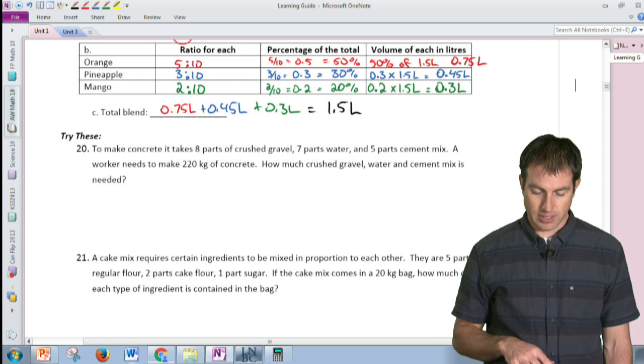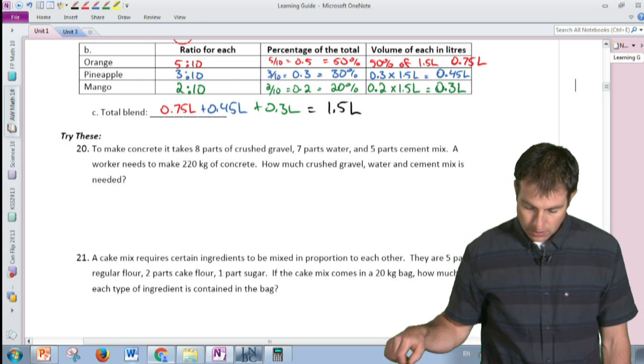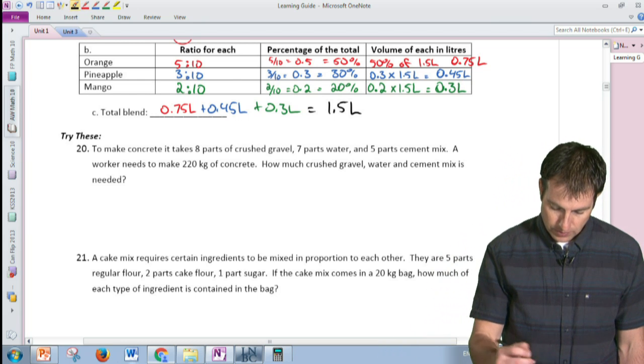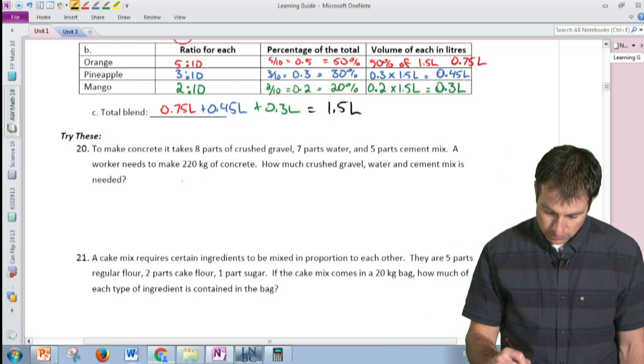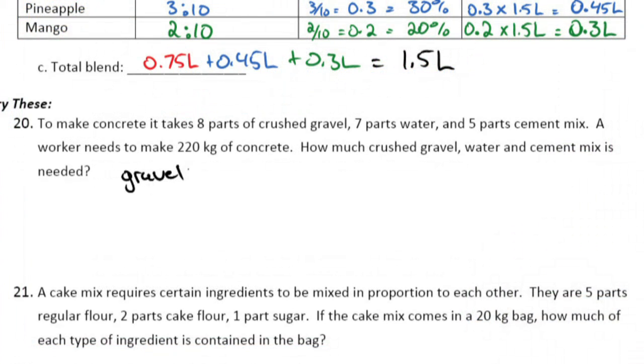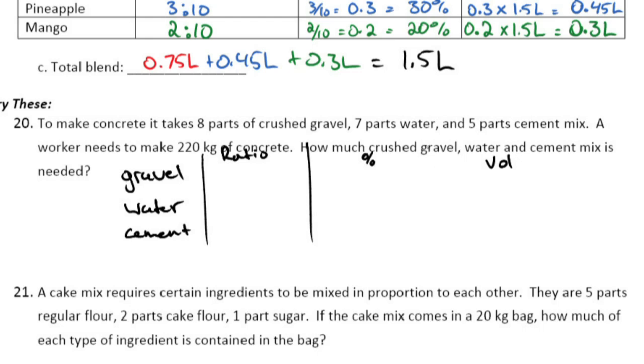So you have, in this first one, gravel, water, and cement. You're going to include the ratio, percent, and volume. So that's what your little chart's going to look like.